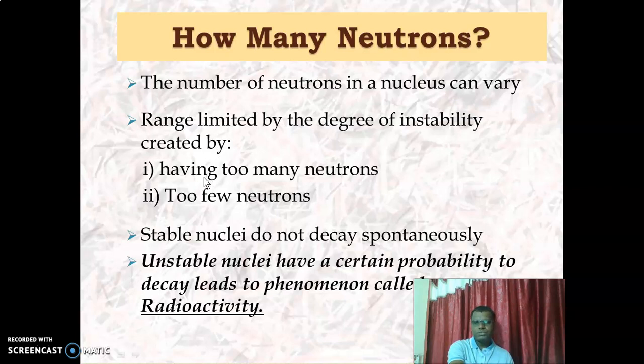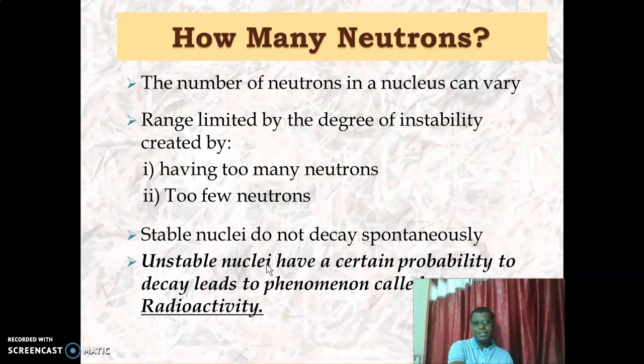But those nuclei which have a very high number of neutrons or a very small number of neutrons are unstable nuclei. These unstable nuclei of atoms have a certain probability to decay, which leads to the phenomenon called radioactivity.